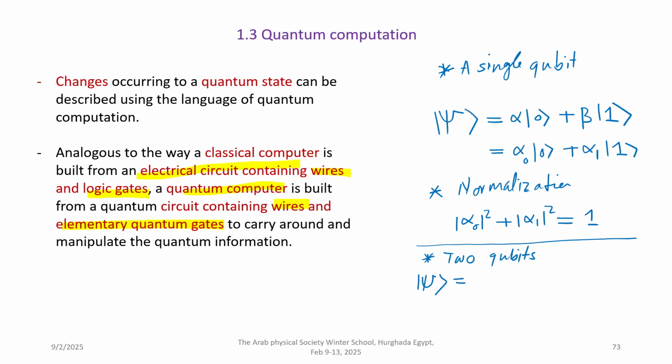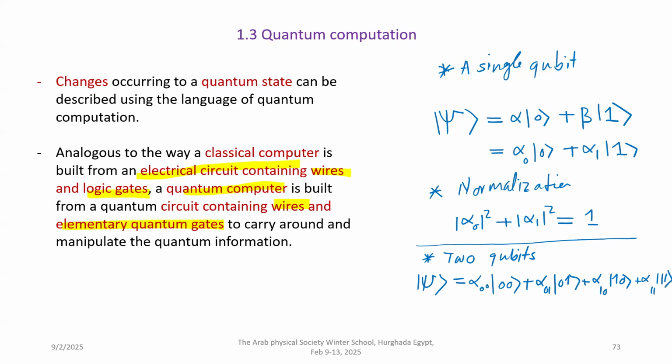This is why we wrote alpha 0 0 times 0 0, plus alpha 0 1 times 0 1, plus alpha 1 0 times 1 0, plus alpha 1 1 times 1 1.